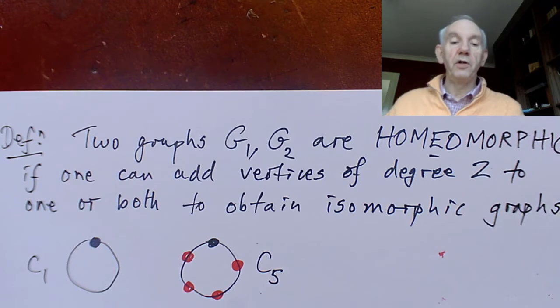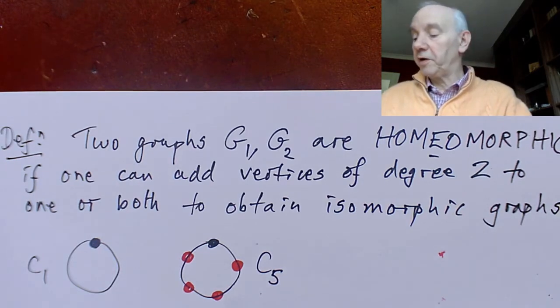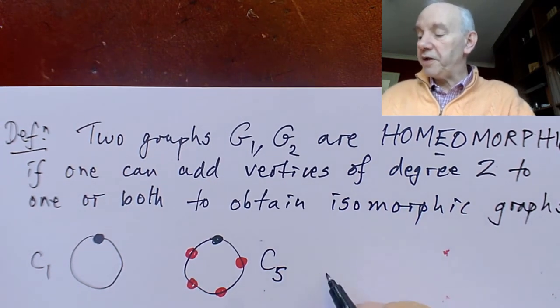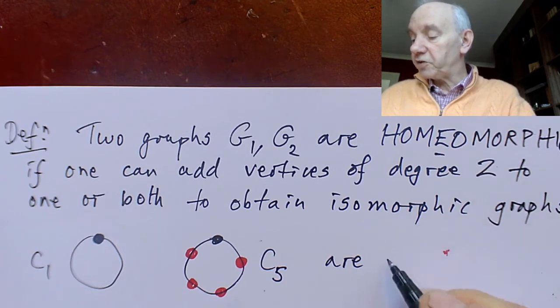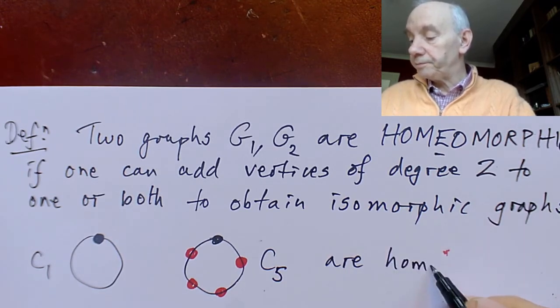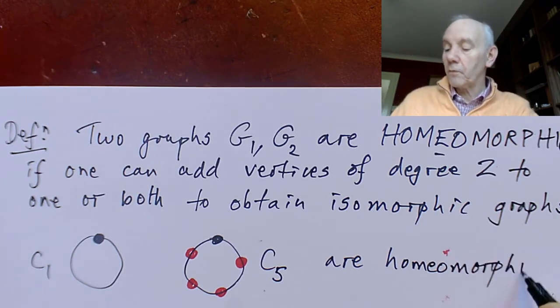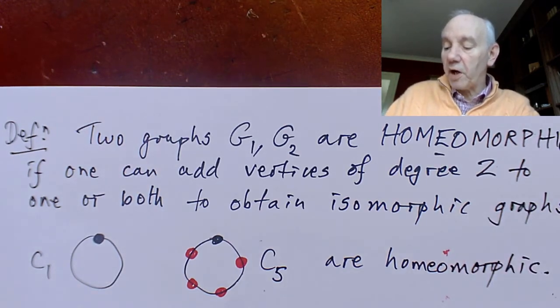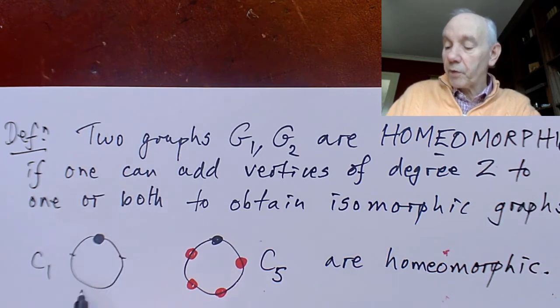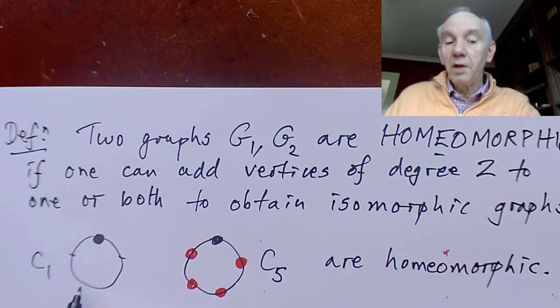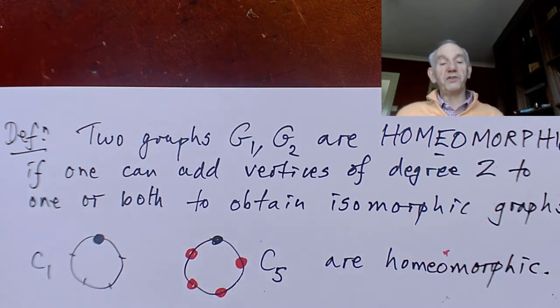And these 2 graphs are homeomorphic because they only differ by vertices of degree 2. What I have to do is add to C1, well, it's not C1 anymore, but what was C1, I add vertices of degree 2 and I get C5.